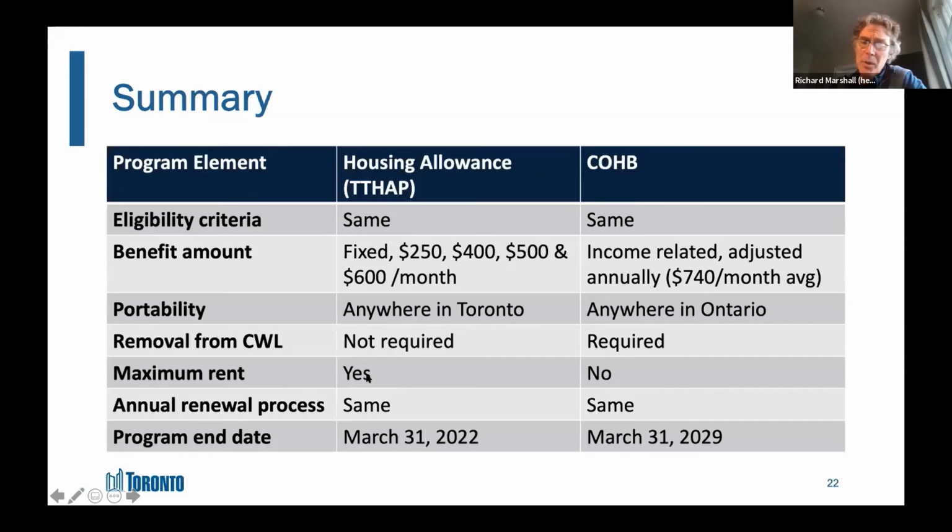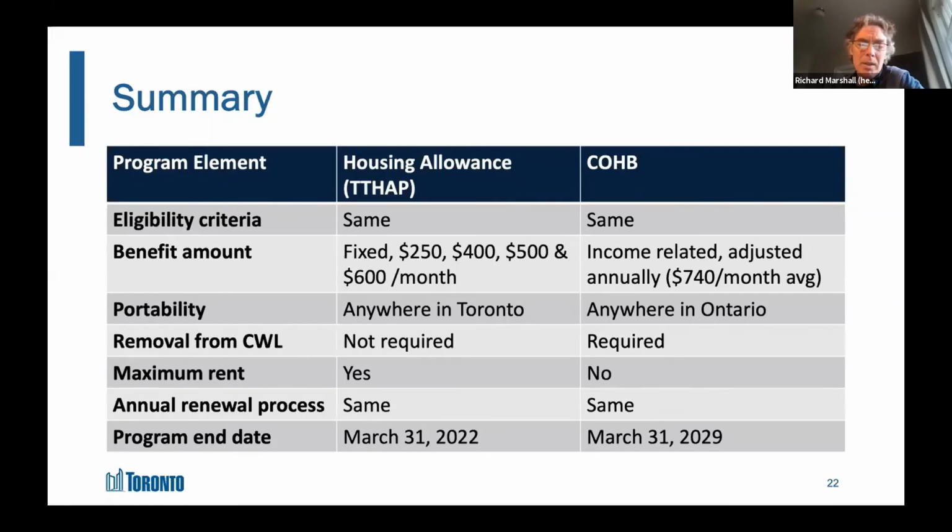For the housing allowance program, there is a maximum rent. Those are the tables that Catherine just shared with you. There isn't one for COB. It's because the benefit level is set based on a number of different criteria. There's not really a maximum rent.